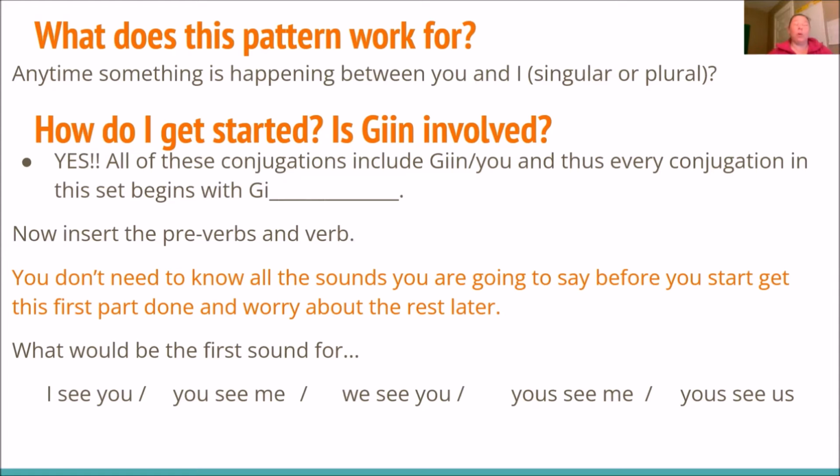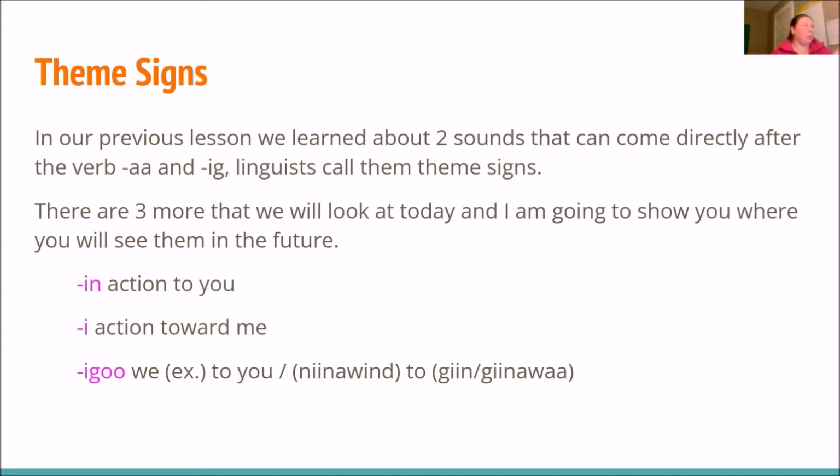And then we go into our other tense markers and the verb. So far, so good. The next thing that's going to come up is our theme signs. And we just talked a little bit about them. But again, you can see in is action towards you, the person I'm talking to. Eh is action towards me, the speaker.